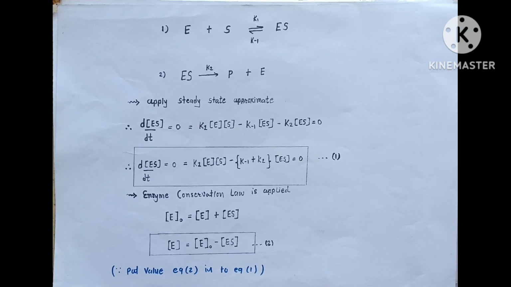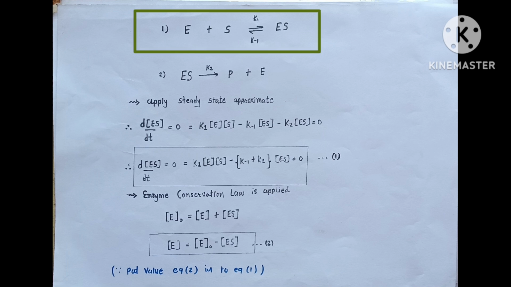Let us come to our topic, the Michaelis-Menten derivation. As we know, enzyme reacts with a substrate to make the enzyme substrate complex, which is a forward reaction, and here we put K1, which is the forward reaction constant. This enzyme substrate complex can further revert back and release substrate and the free enzyme, which is defined as K-1, the reverse reaction constant.